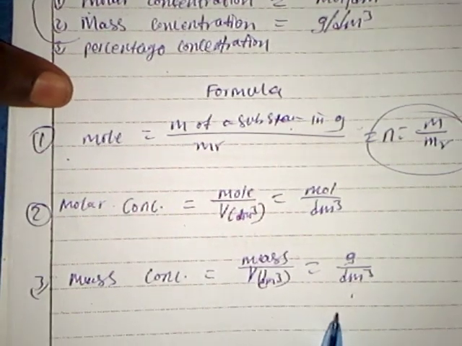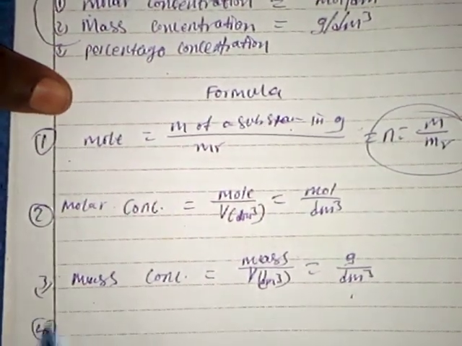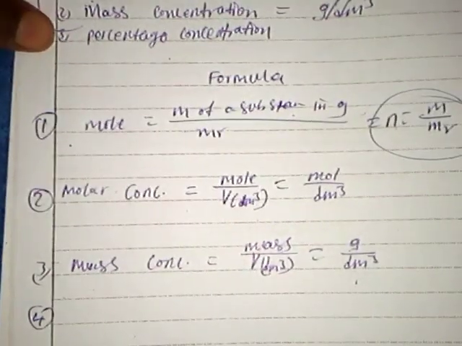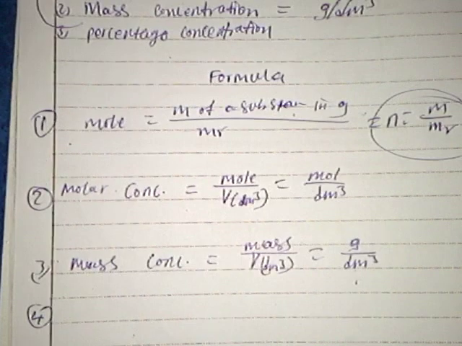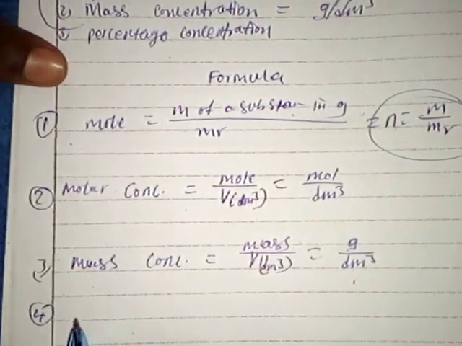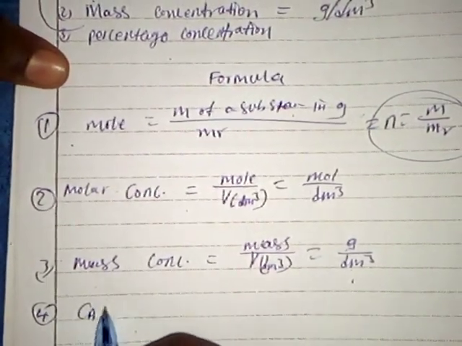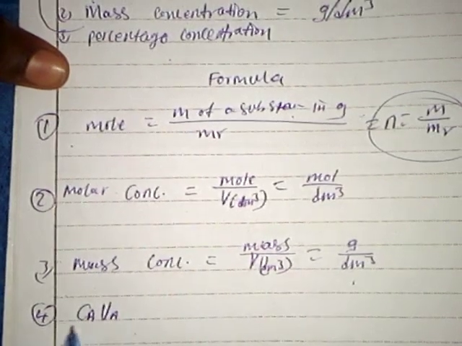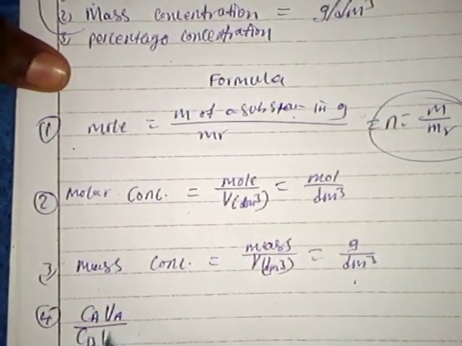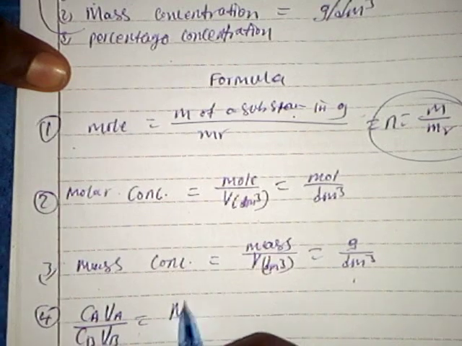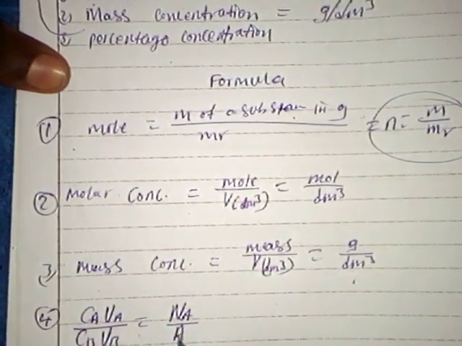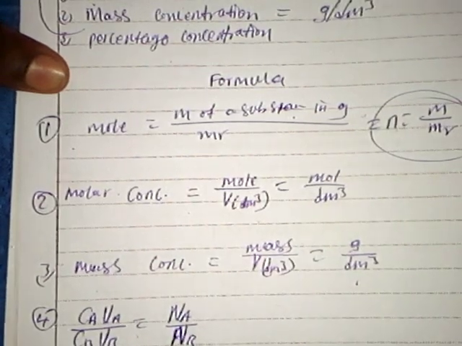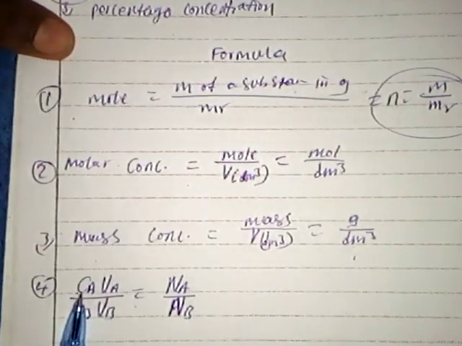Now what's next? We talk about the fourth formula. The fourth formula we talk about is the CaVa method. Now the formula is what? CaVa upon CbVb is equal to the number of moles of the A and the number of moles of the B. Now C here represents concentration of the acid.